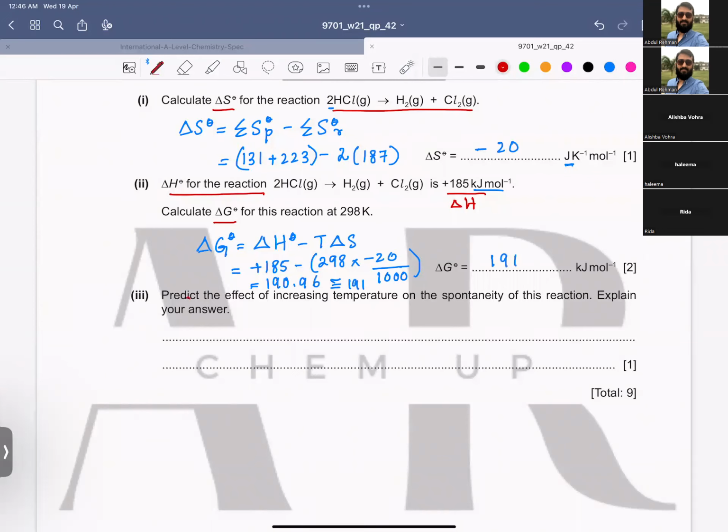Next part. Predict the effect of increasing temperature on the spontaneity of this reaction. Right now, if you look, the value is positive, which indicates that it is a non-spontaneous reaction, right?